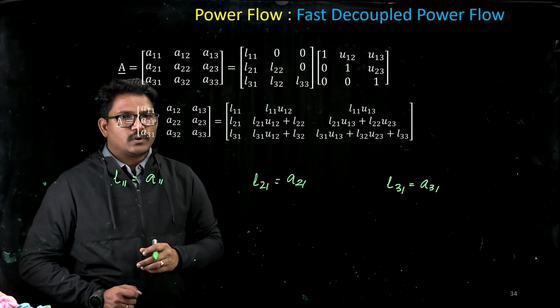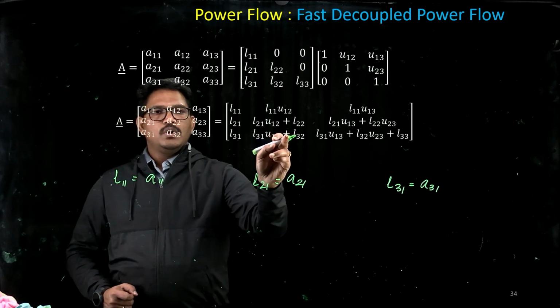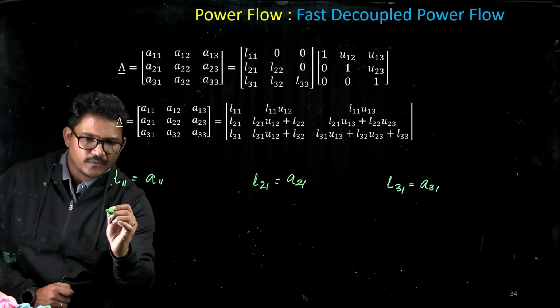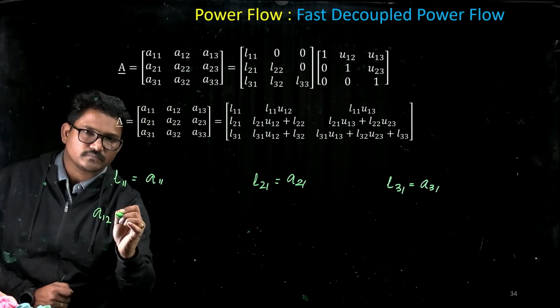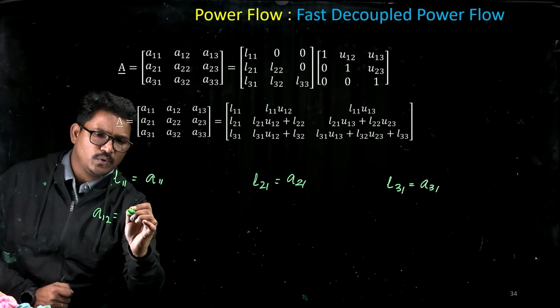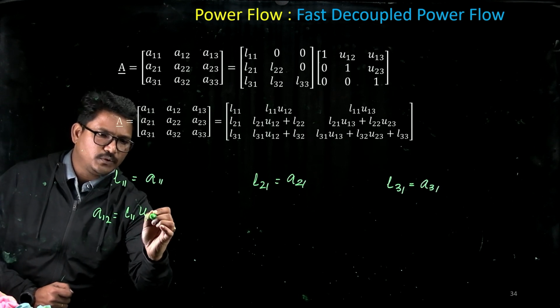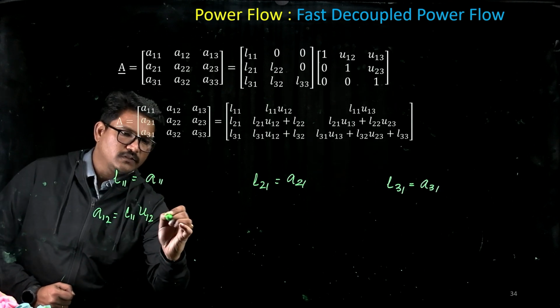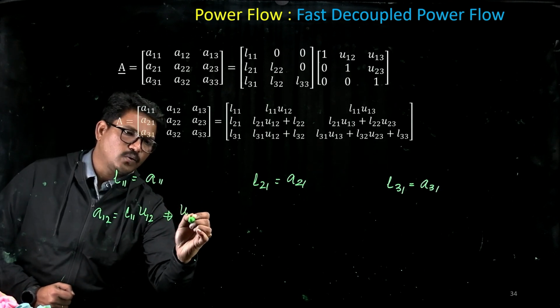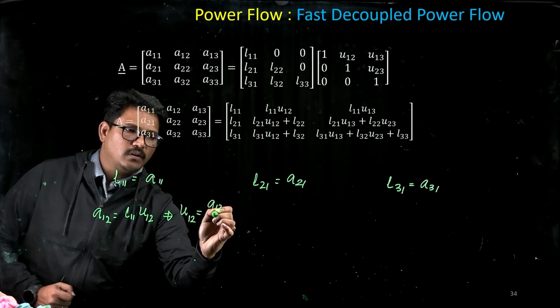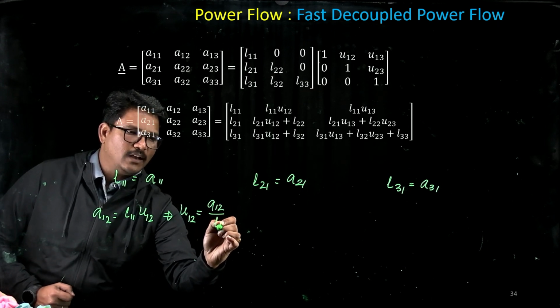Now, in order to get that, you need U12, but if you look at this particular equation, your A12 is exactly equal to L11 multiplied by U12. That also gives us that you can get your value of U12 as A12 upon your value of L11.